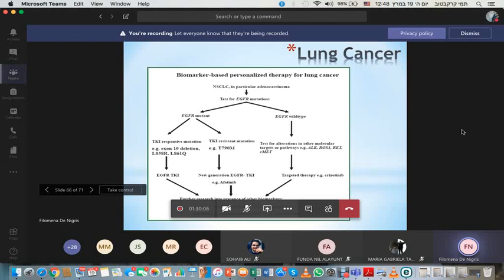Now we have more than one TK inhibitor, based on the mutation that we can analyze. The first step is histology analysis of the biopsy. Then from a small amount of cells we can prepare DNA and verify which kind of mutation is present, because we don't have an antibody for each single mutation. So in the first instance, we monitor the mutation.